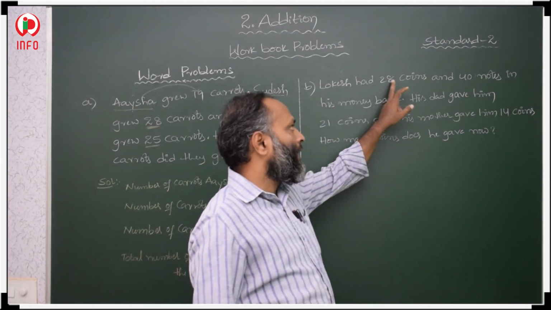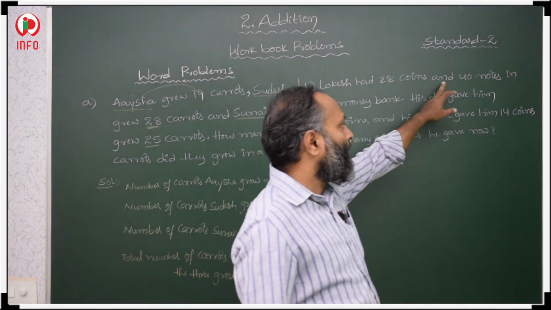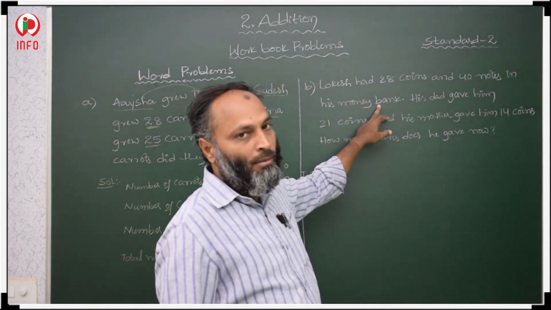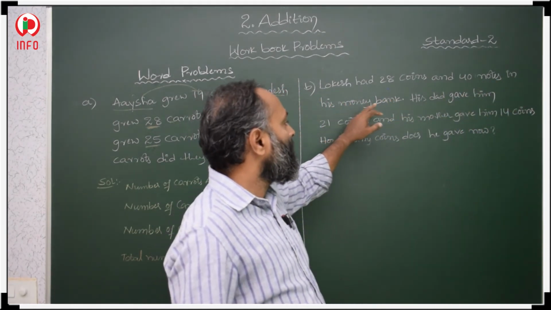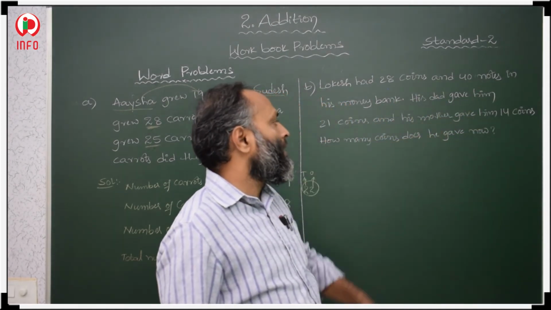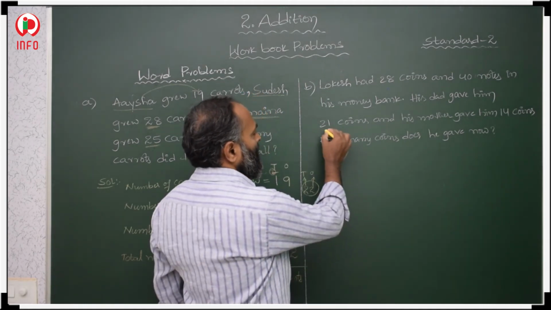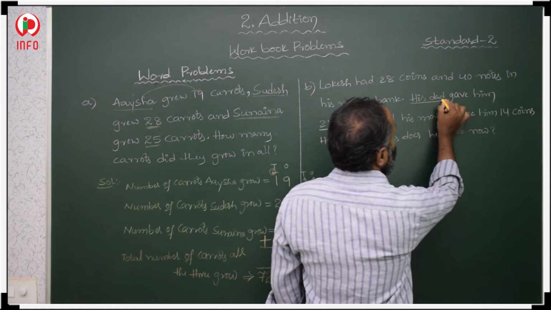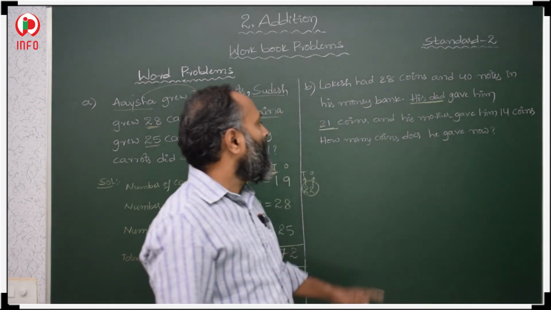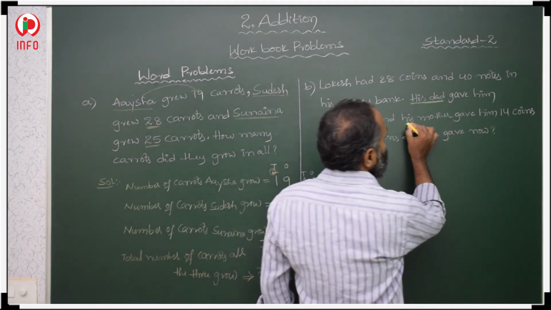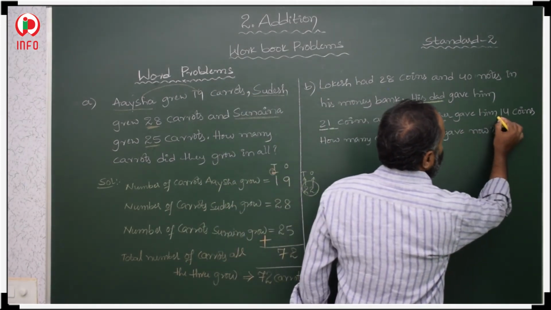Lokesh had 28 coins and 14 notes in his money bank, means kitty bank, money bank. So his dad gave him 21 coins. How many coins? 21 coins. Who gave? His dad. His dad gave him 21 coins and his mother gave him 14 coins.